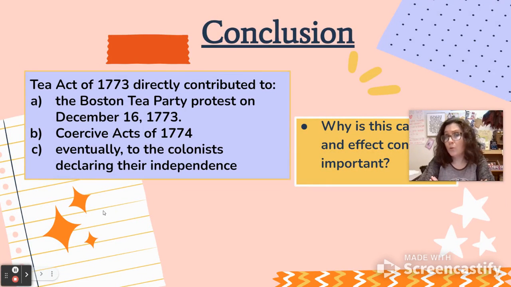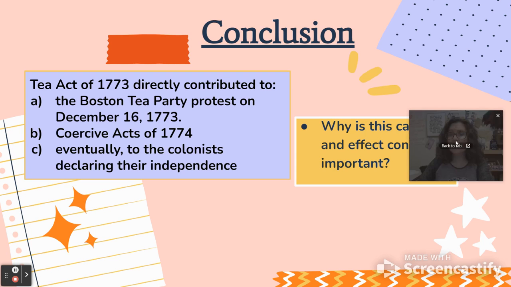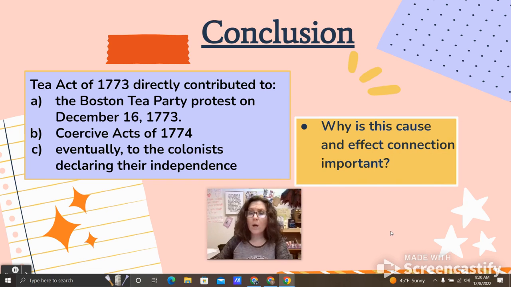So, for the conclusion, the Tea Act of 1773 directly did contribute to the Boston Tea Party protest, to the Coercive Acts of 1774, and then eventually to the colonists declaring their independence. So, if I go back to my theme, my goal: why is this cause and effect connection so important? It changed the world.